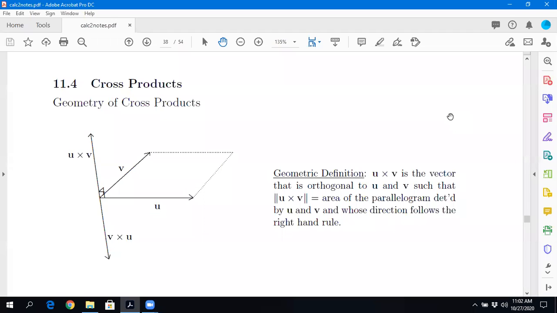Okay, so we just finished talking about one type of vector product, namely the dot product. And we saw, just by way of review, U dotted with V, of course, is U1 V1 plus U2 V2 plus U3 V3.